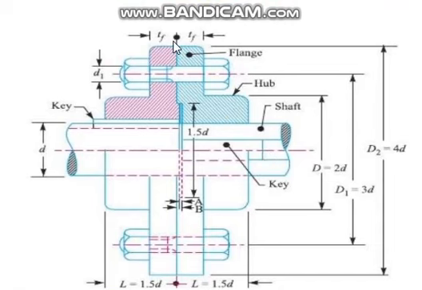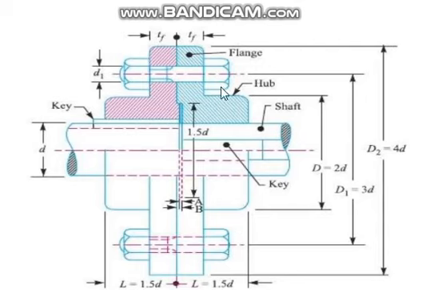You see, this is again only the front view; the side view is not shown. In the side view, from this side, first you will see a circle for the shaft, another circle for the hub, and then you will see these nuts.